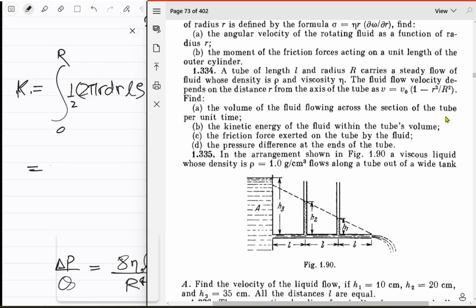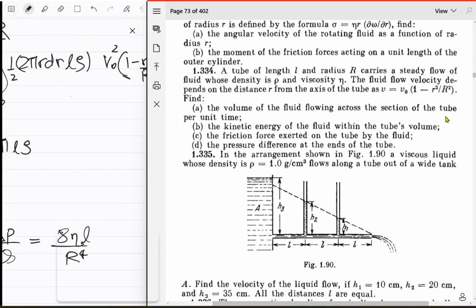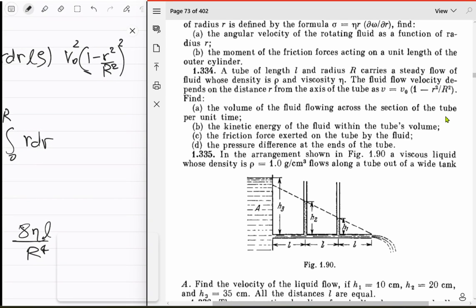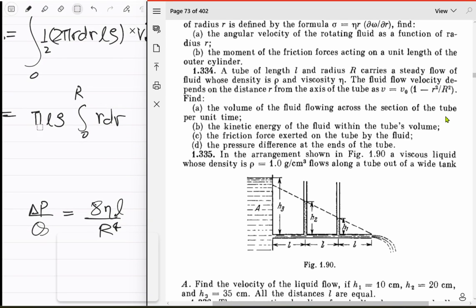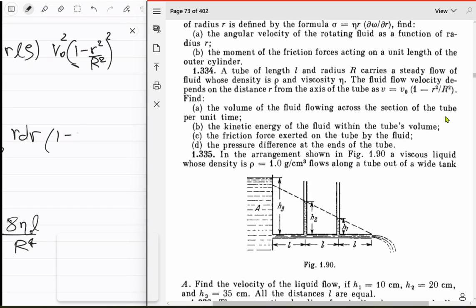Looks cool. It's just what? This cancels, just a pi L rho, and you got r dr side. Just go to r dr. This definition comes out, yeah, so just v naught squared outside. Okay, and then you will just have 1 minus 2r squared upon capital R squared, and then plus r power 4 upon R power 4.